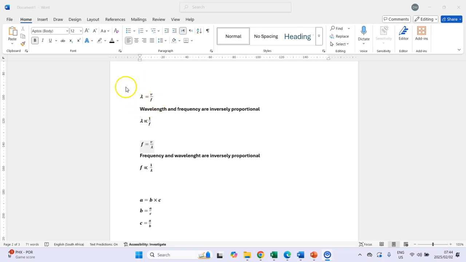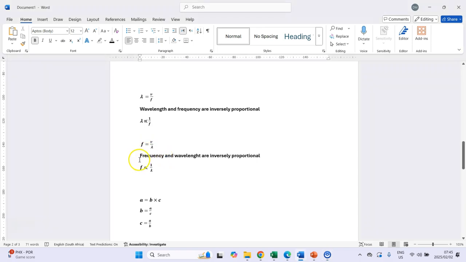So based on this formula and the way that we've arranged it, we can see that wavelength and frequency are inversely proportional. Now, if we want to show this using symbols, there isn't an inversely proportional symbol. So we would say that wavelength is proportional to 1 over frequency, which is the same as saying that wavelength is inversely proportional to frequency.